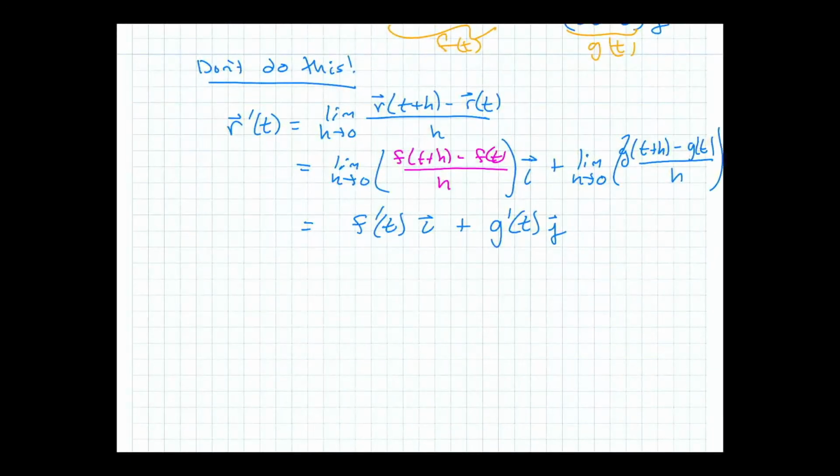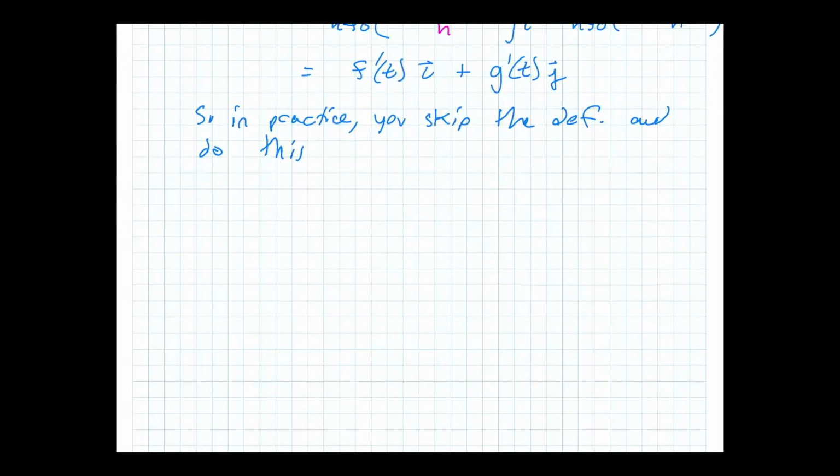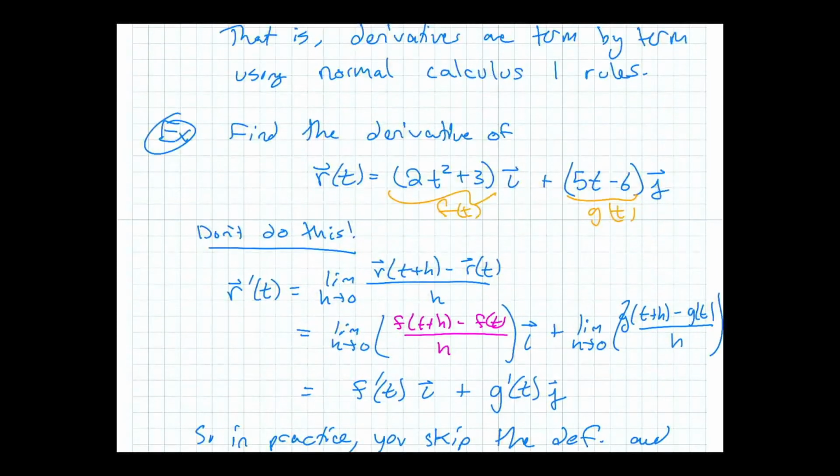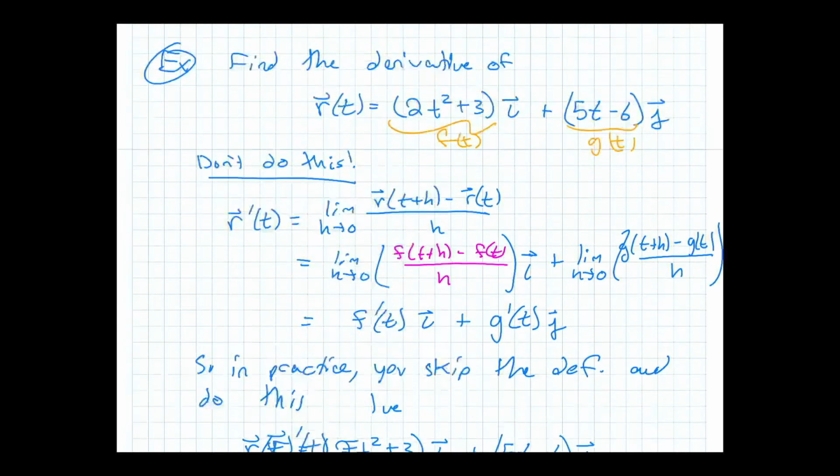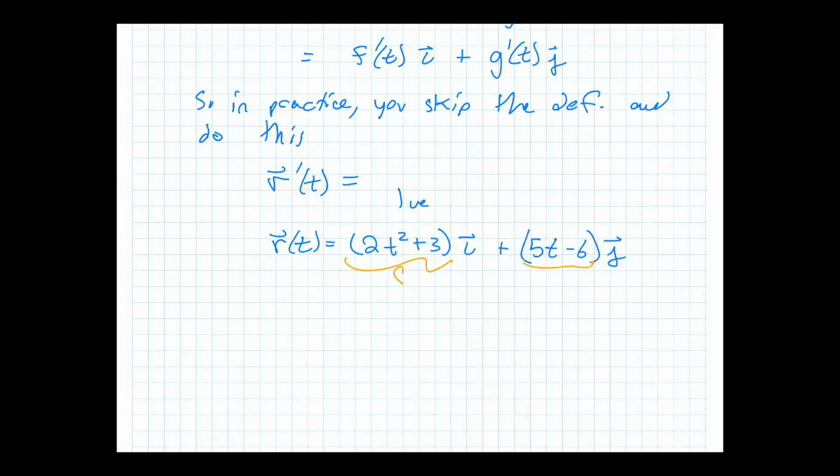So in practice, you don't use that definition. You skip the definition and do this. So r prime of t is going to be, well, what's r? Let me just copy paste it, just to look at it. I'm going to erase it as soon as I've done this derivative. You're simply going to do these derivatives term by term.